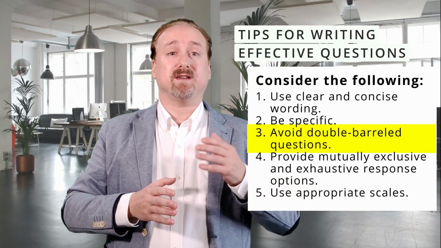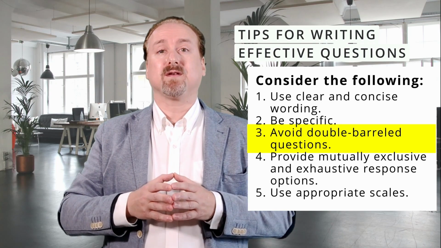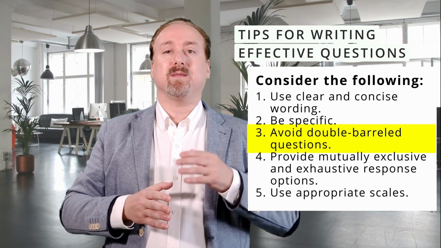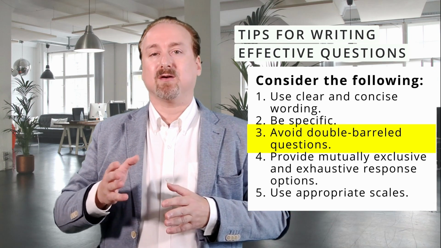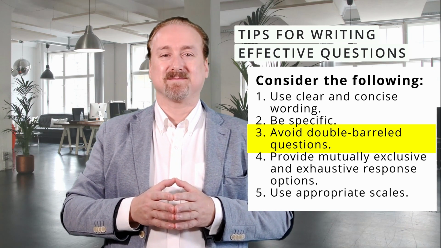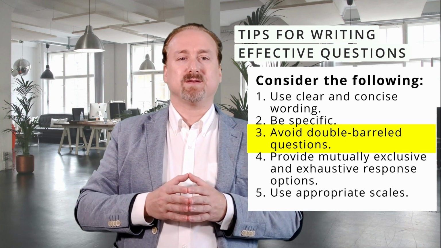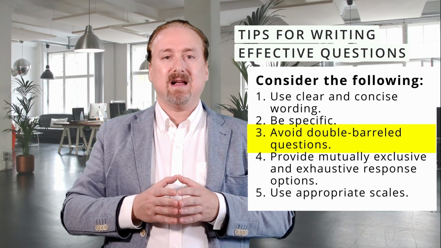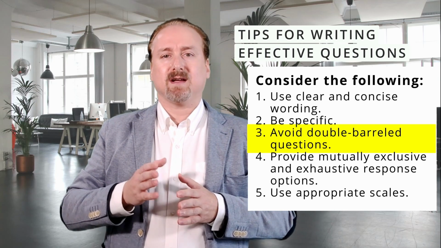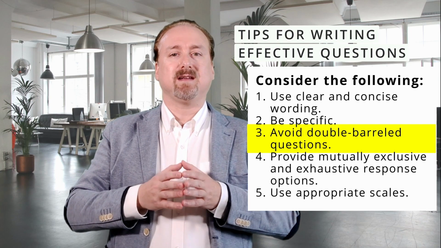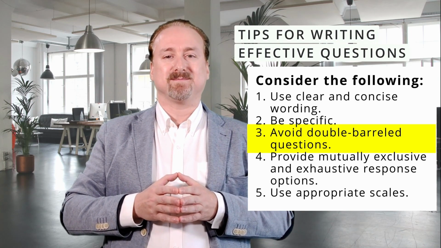This change provided clear insights into both curriculum quality and teaching effectiveness, helping the institution make informed decisions about potential improvements. Double-barreled questions can muddy the waters of survey results. By ensuring each question addresses a singular topic, researchers can gather clearer and more actionable data.